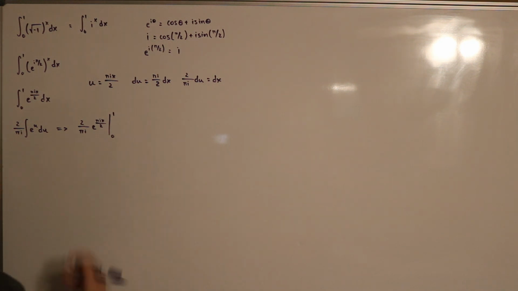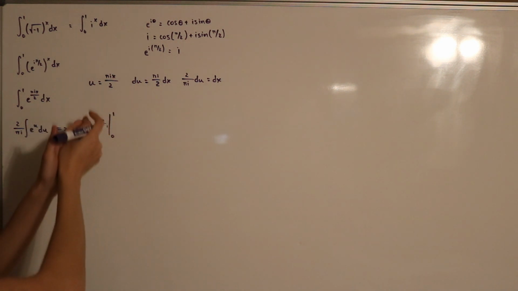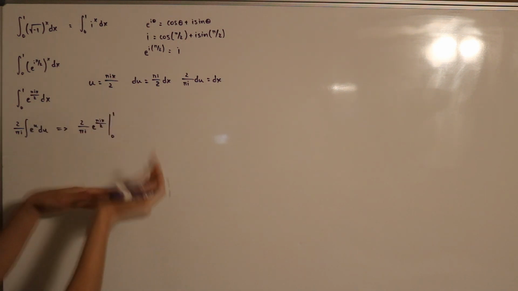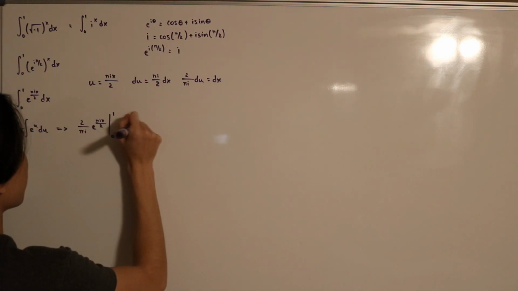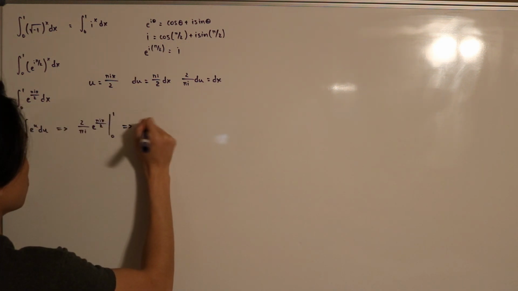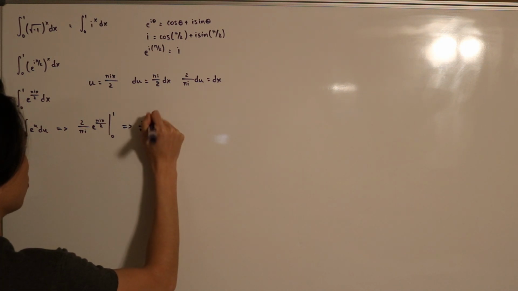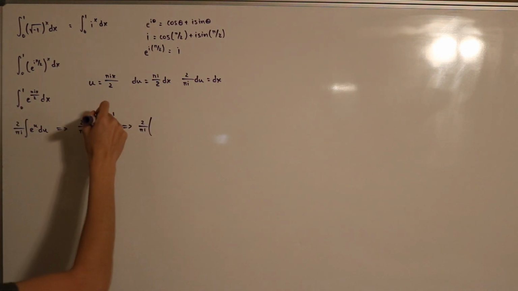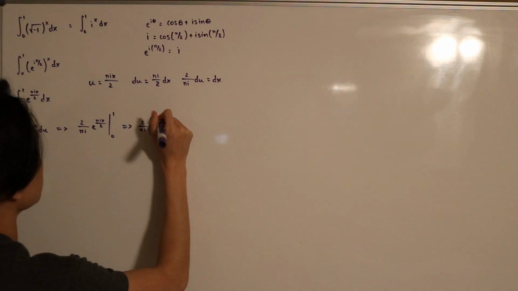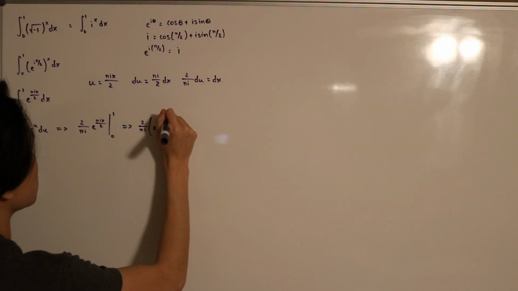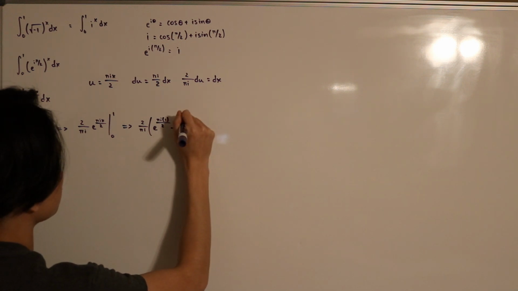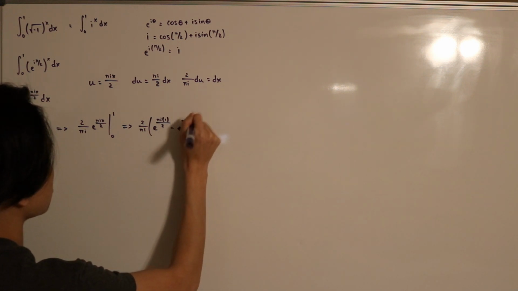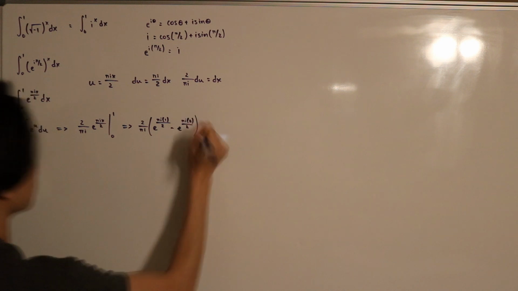In the next step I'm going to write it in this fashion, because even though we're evaluating from 0 to 1, the common factor is 2 pi, so I'm going to take that out. So we have 2 pi i in parentheses, then substitute 1 in, so it's e to the pi i times 1 divided by 2, minus e to the pi i times 0 divided by 2.